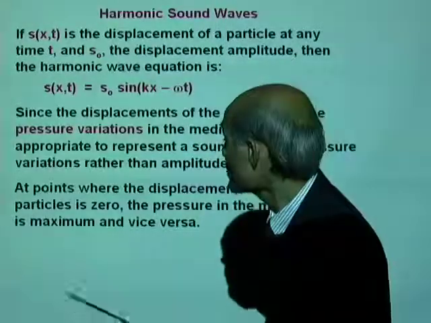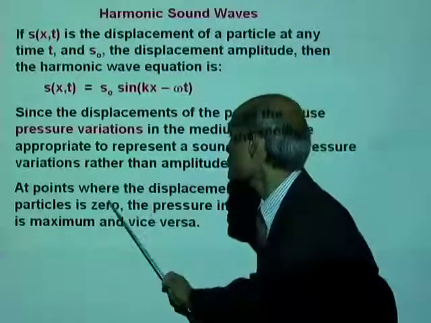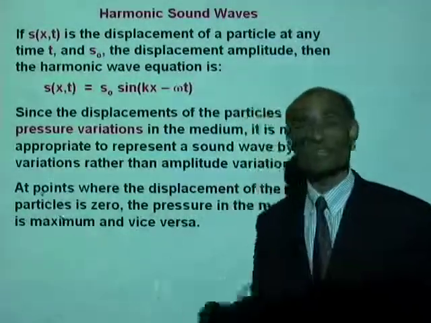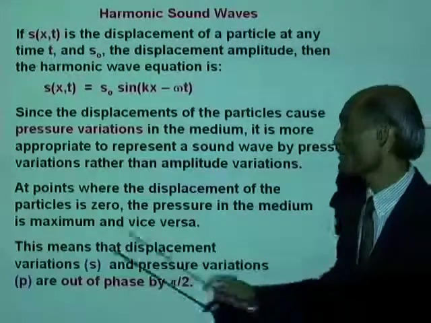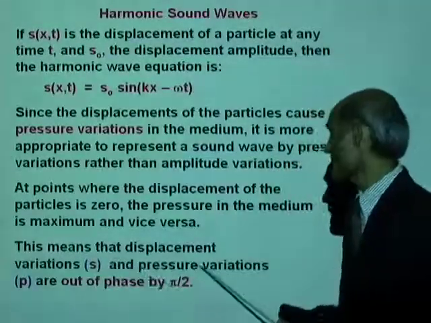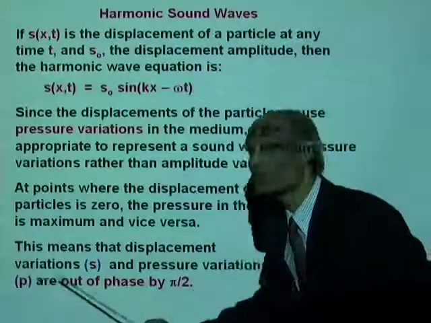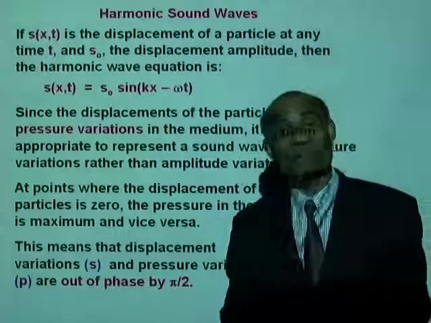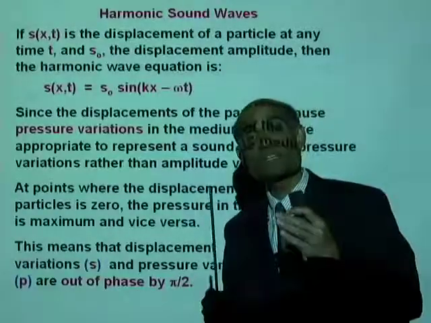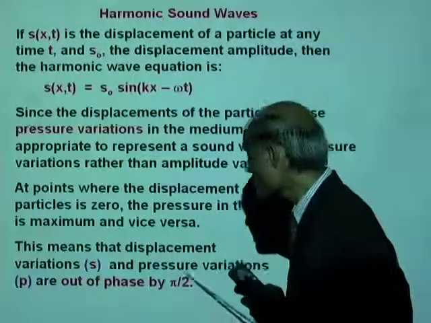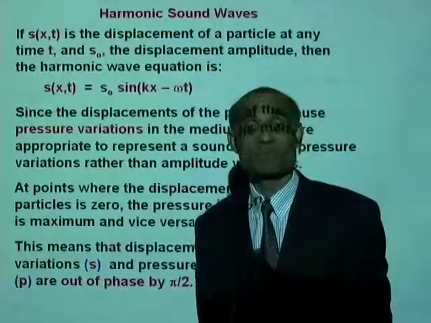So, at a point where the displacement is zero, the pressure is maximum, and vice versa. Now, this means that displacement variation S and pressure variations P are out of phase by pi by 2. So displacement and pressure are not in the same phase. There is a phase difference of pi by 2.